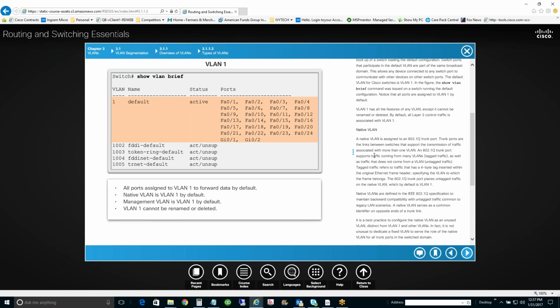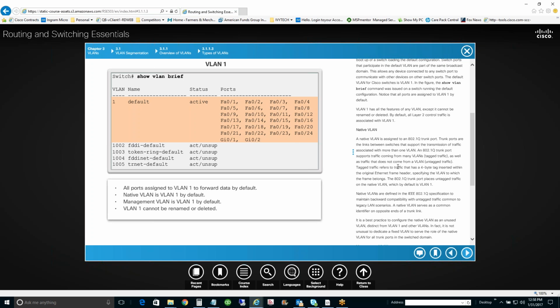The native VLAN is related to trunk ports. Basically, trunk ports are ports between switches that carry VLAN traffic between switches. On trunk ports, VLAN traffic is tagged, if it is destined to be on a VLAN.